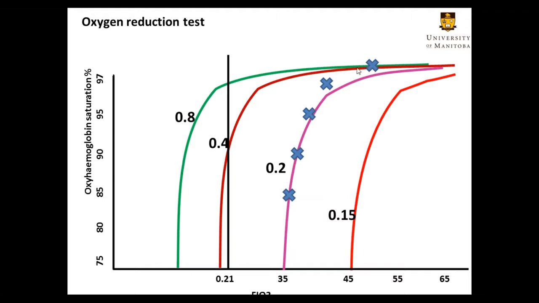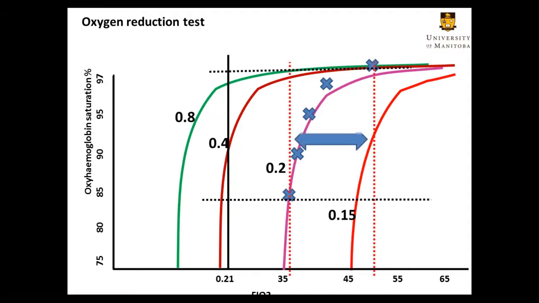Ventilation perfusion mismatch is very sensitive to oxygen reduction, and also very responsive. If you increase the oxygen back, the response will be reasonable, getting back to higher saturation. In this slide, we can notice that when we reduce the oxygen a little bit, between 45 to 35%, we get a significant drop of saturation from 97 to 85%.